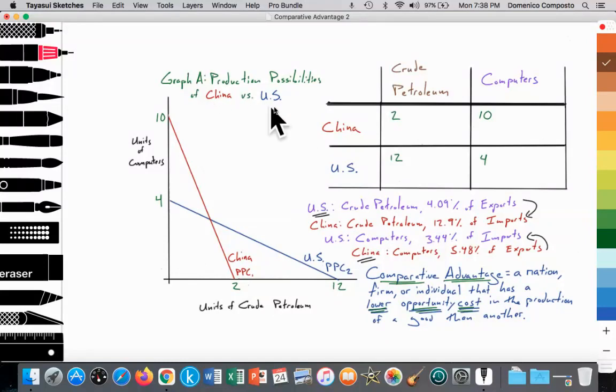Here we're going to use China versus the United States, two very large trading partners. To highlight a real-world example, the United States, from its natural capital or land resources, has the ability to extract crude petroleum, and that makes up about 4.09% of US exports. I'm going to assume, though I haven't researched it, that a portion of those crude exports goes to China.